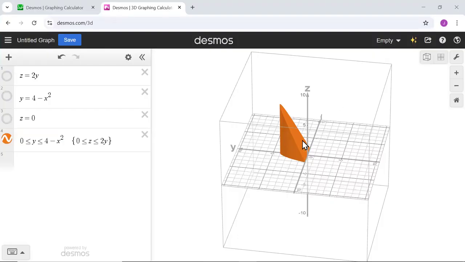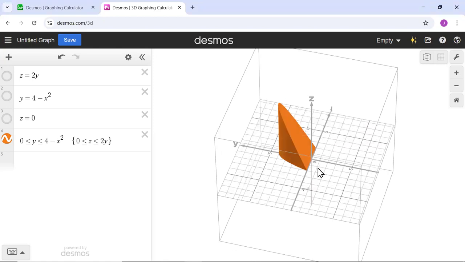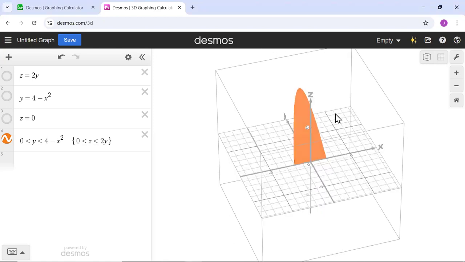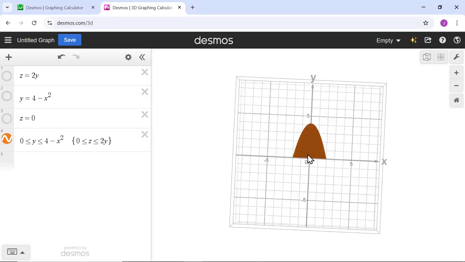So again, the portion here of z equals 2y, if I look at it in the y direction, we start at y equals 0 and we go up to y equals 4 minus x squared.